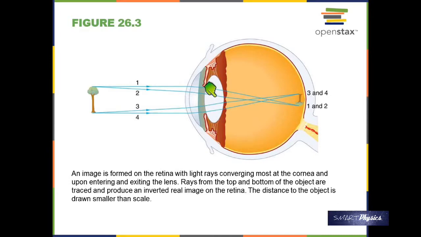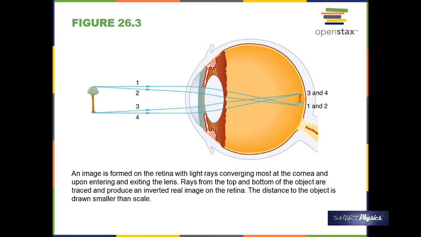Would that be DO or DI? DI. So remember that DI is fixed. For a normal eye, DI is always how much? 2 centimeters. Good point to remember. DI is fixed. Does DO change? So does F change? Yes.